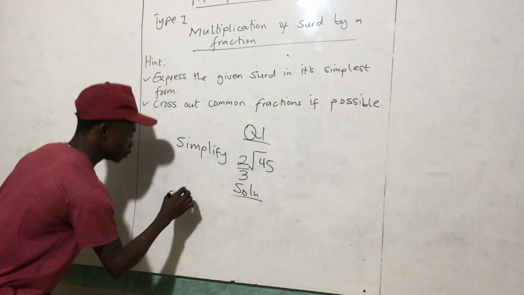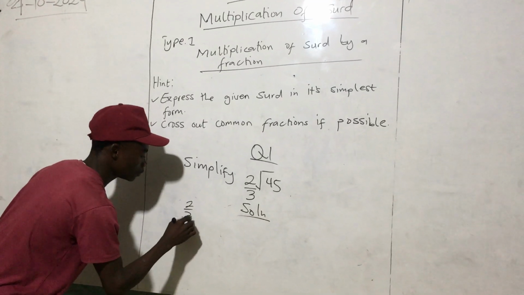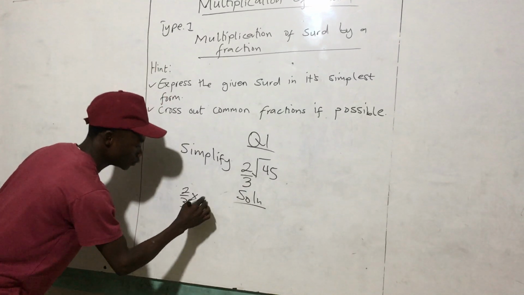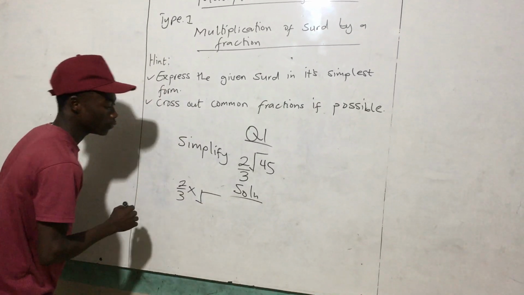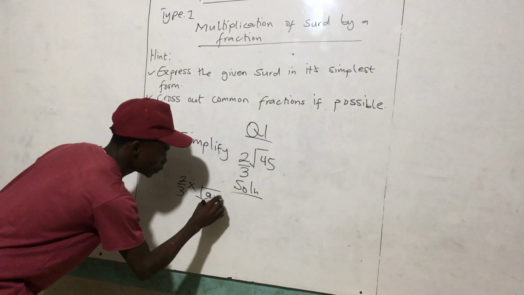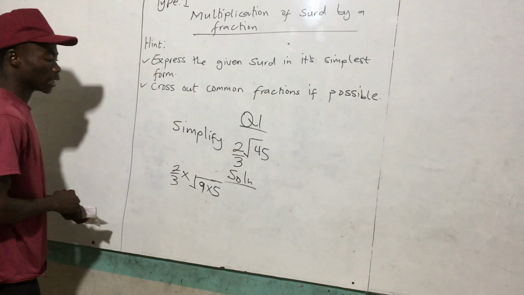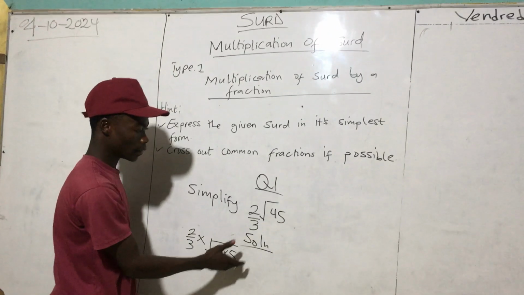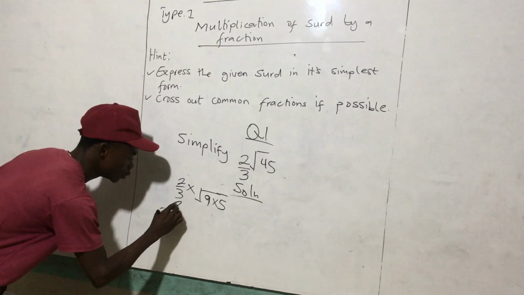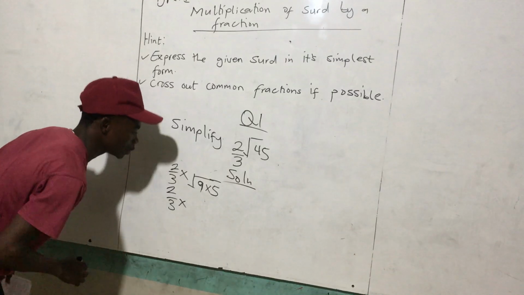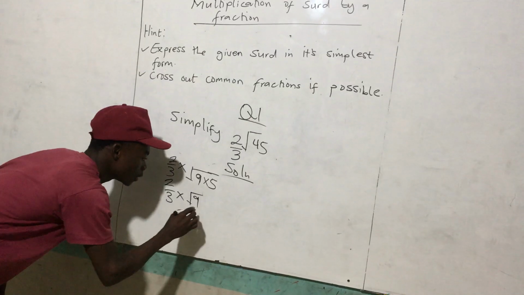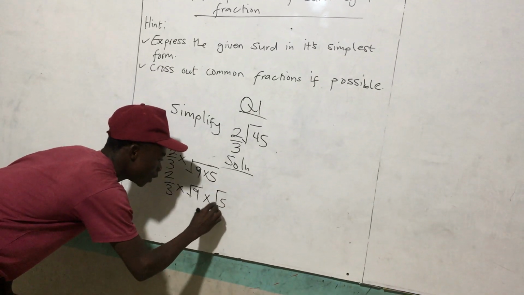Alright. So our 2 over 3 times, we are expressing the surd in its simplest form. That is root 45. So we have 9 times 5, because 9 times 5 is 45. Alright, so we express it in its simplest form again. 2 over 3 times, we break this square root here, we have root 9 times root 5.